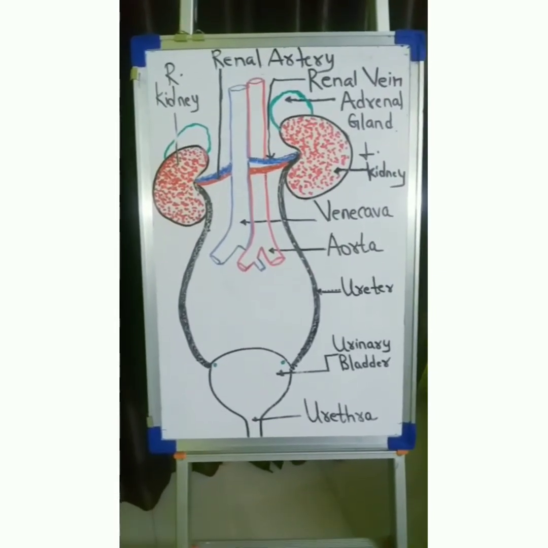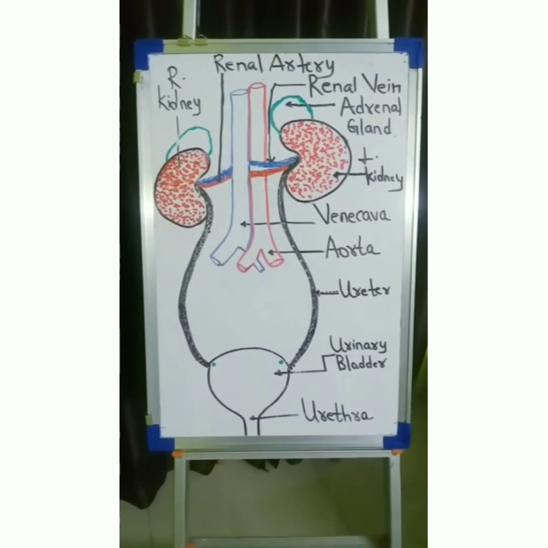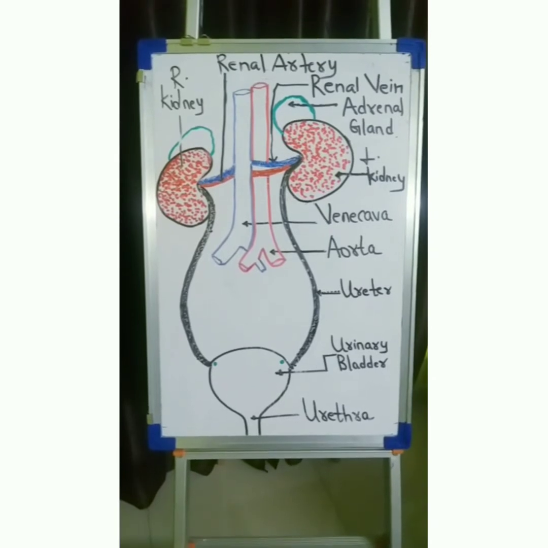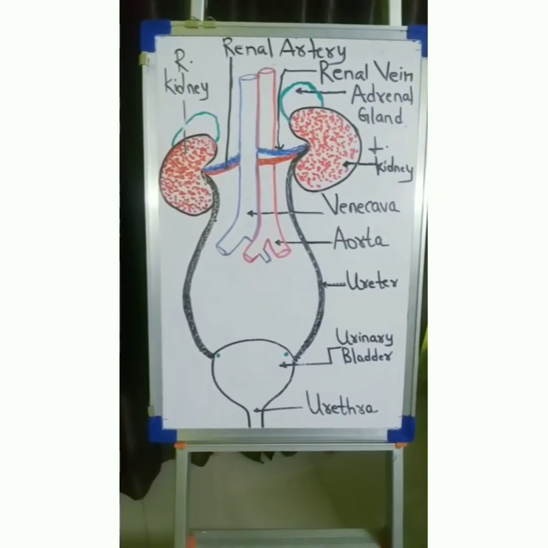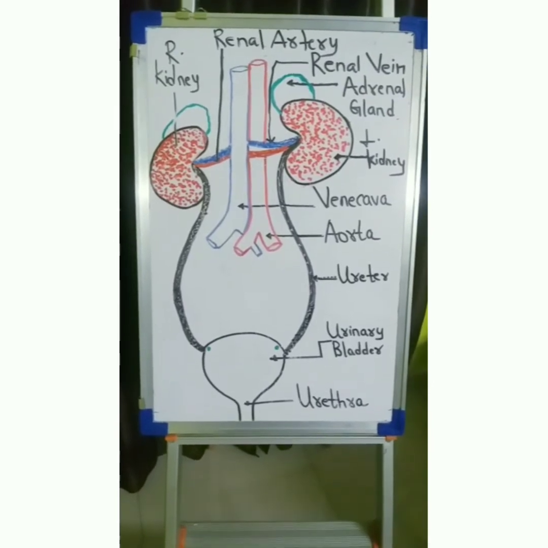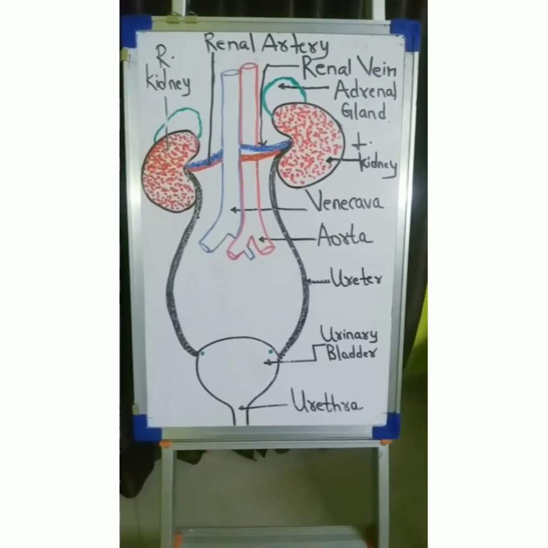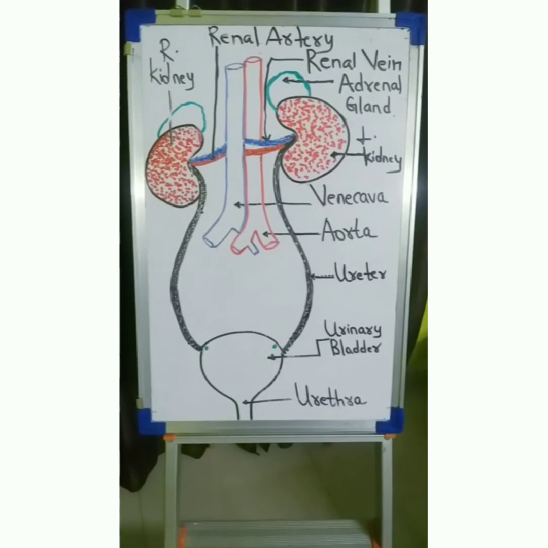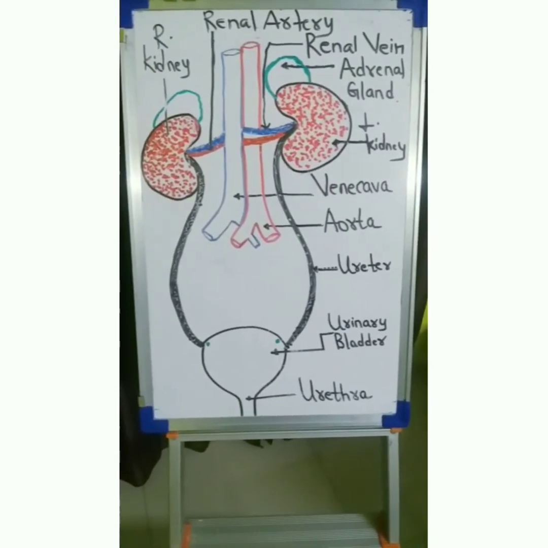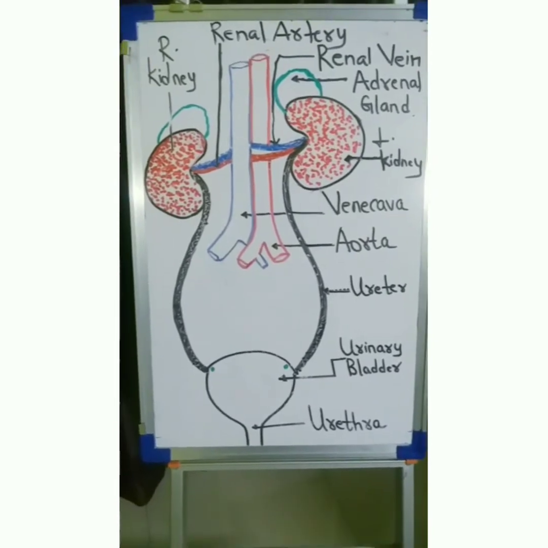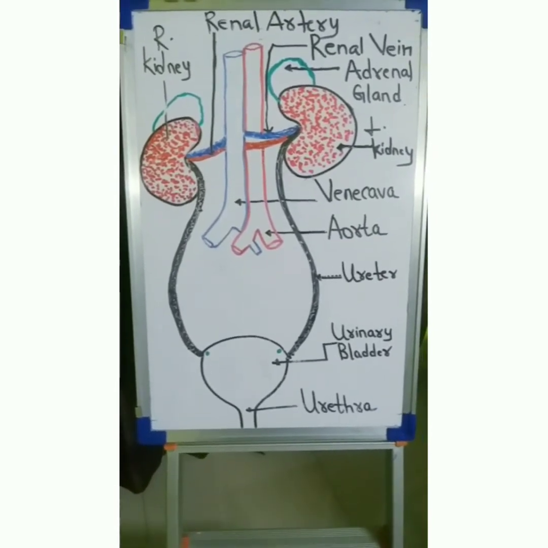Now, as far as the kidneys are concerned, there are two kidneys which are present towards the back side, on either side of the spine at the lowest level of the rib cage. As you can see, the right kidney is slightly lower than the left kidney. That is because of the bulky liver which is present on the right side. The main function of the kidney is filtration.